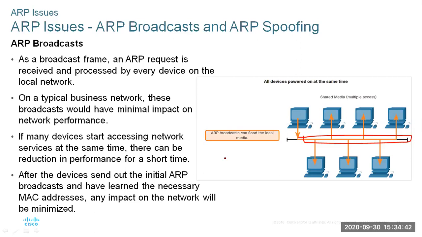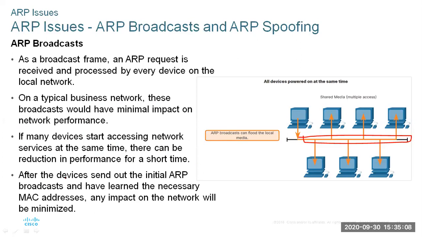So you can imagine when this is being sent multiple times. That's why if you're running a managed switch, it's always good to leave it running. Don't be rebooting it all the time, because each time you reboot it, it's going to send a broadcast again. On a typical business network, this broadcast would have a minimal impact on network performance. If many devices start accessing the network service at the same time, there can be a reduction in performance for a short time.